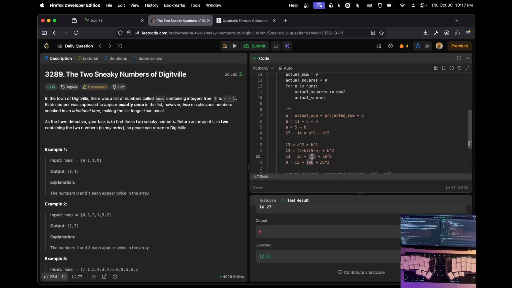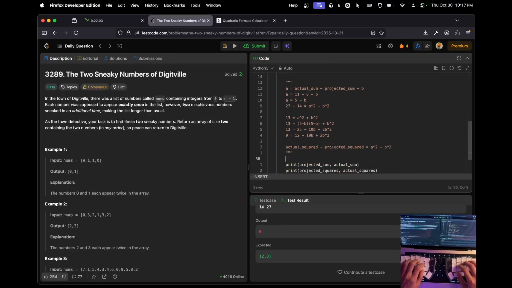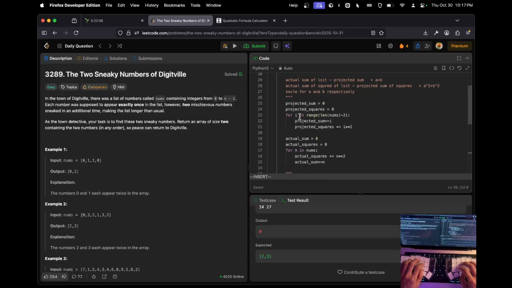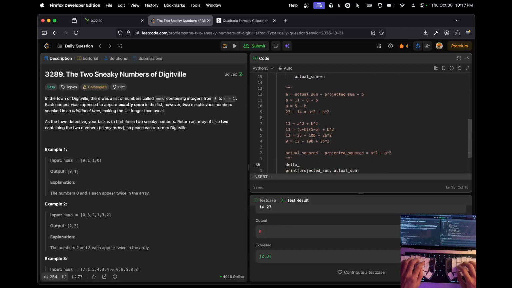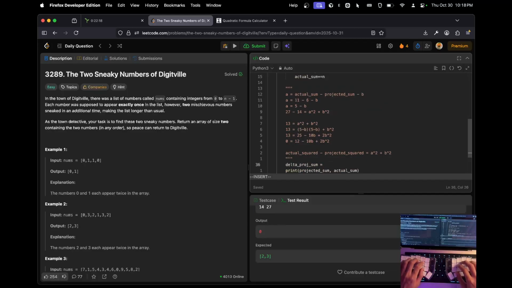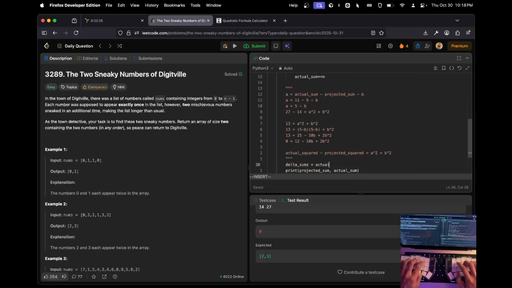So how should we do this programmatically? We can look at this in terms of deltas. First of all, the most important thing we need is the difference between projected, which is going to be the actual minus the projected.